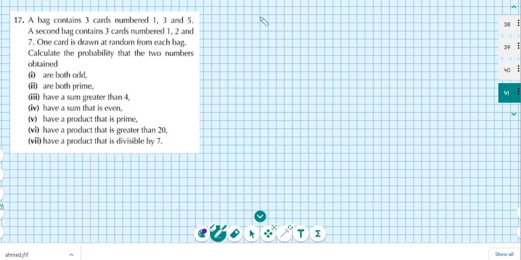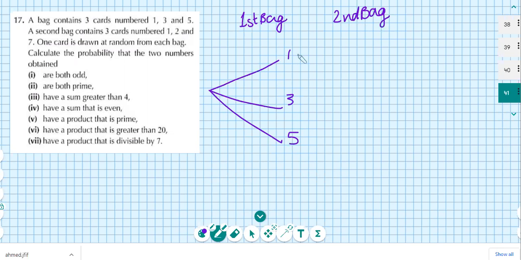For bag A, the first bag, how many numbers does it have? 1, 3, and 5. The second bag has 1, 2, and 7.